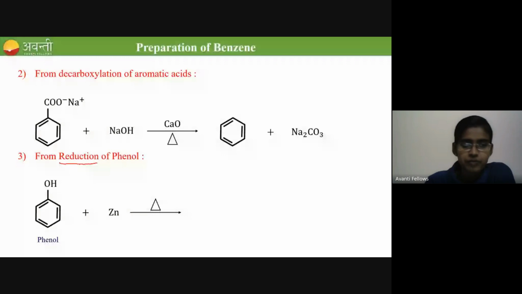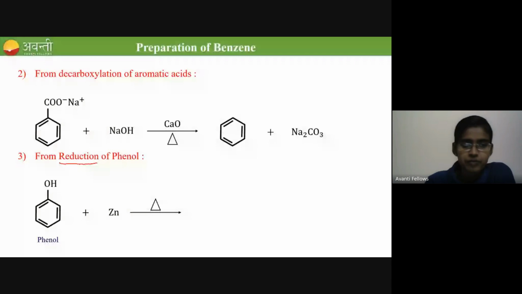Now the third method is the reduction of phenol. So what is phenol? OH attached to the benzene ring. This one is phenol, C6H5OH. And what you have to do is reduce this phenol. For this reduction purpose, we need a reducing agent, right?